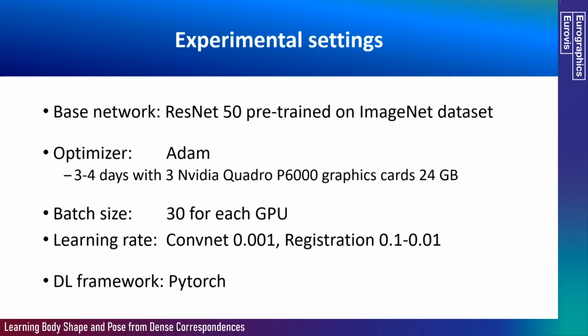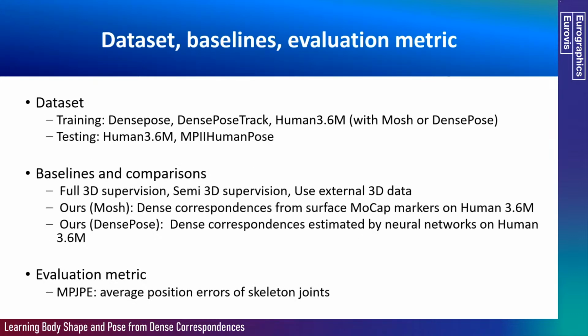And for the deep learning framework, we used PyTorch. For training, we use the DensePose track and the Human 3.6M dataset. We compare our approach with techniques based on full 3D supervision, semi-3D supervision, and those that use external 3D data.